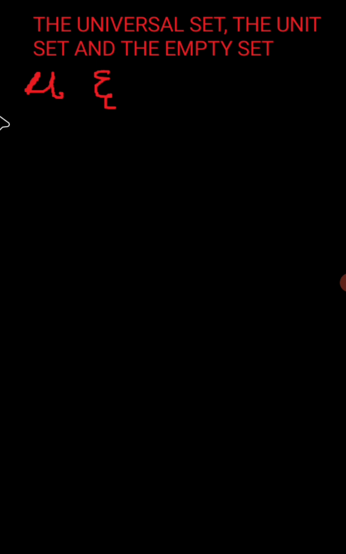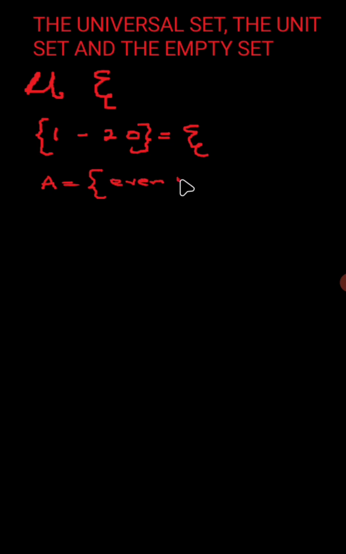For example, let's say the first set consists of numbers from 1 to 20. So I'll consider this as my universal set. Then I have another set A, which is all even numbers from the numbers that we are considering. Then B is odd numbers. Which means A is a subset of this universal set.